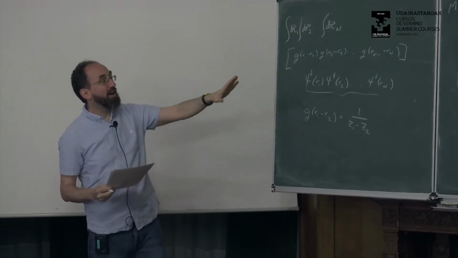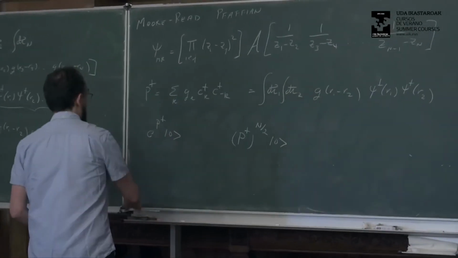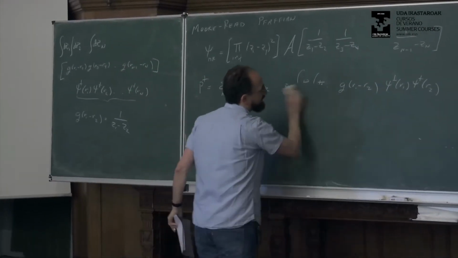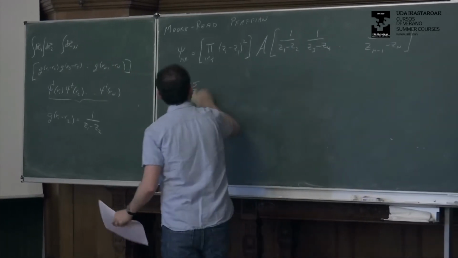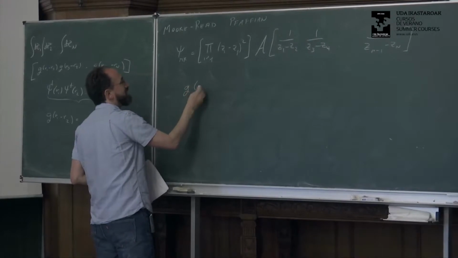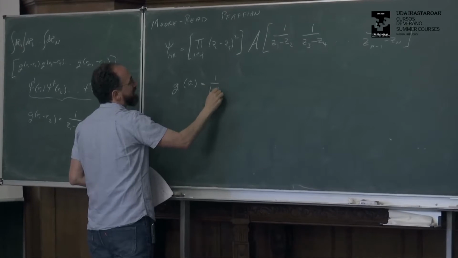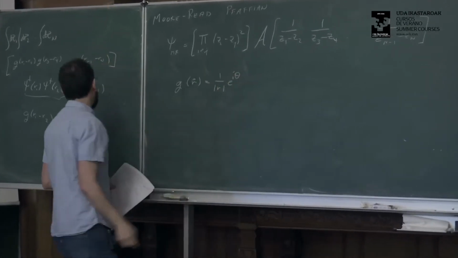OK, so what we have is this thing here is a BCS wave function. And it has the property that we can rewrite g of r as 1 over absolute r e to the minus i theta.